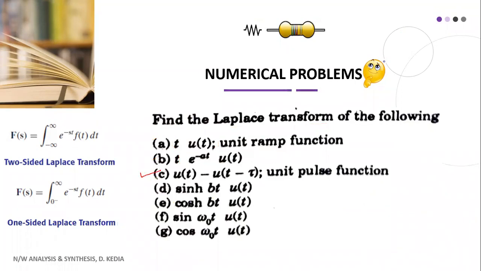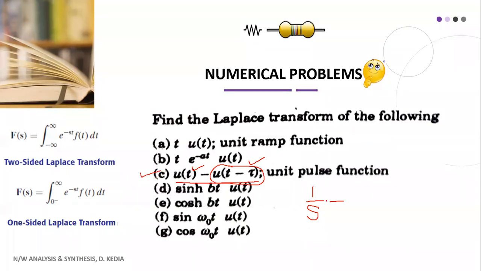Now let us see example number C, where we have u(t) minus u(t minus tau). Here we will first apply the linearity property. If we do that, we'll first find the Laplace transform of u(t), then the Laplace transform of u(t minus tau). We know the Laplace transform of u(t) is straightforward 1 by s, then minus, what will be the Laplace transform of u(t minus tau)? Look at this carefully, you have a time shifting property.